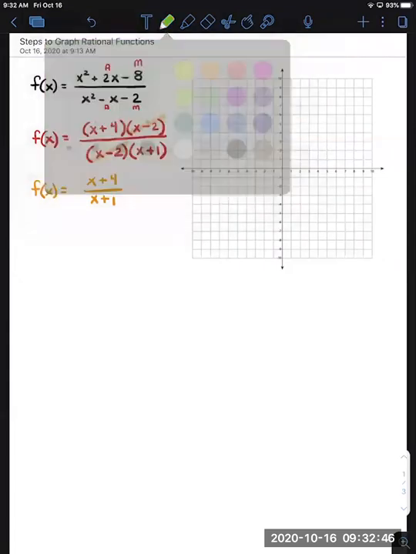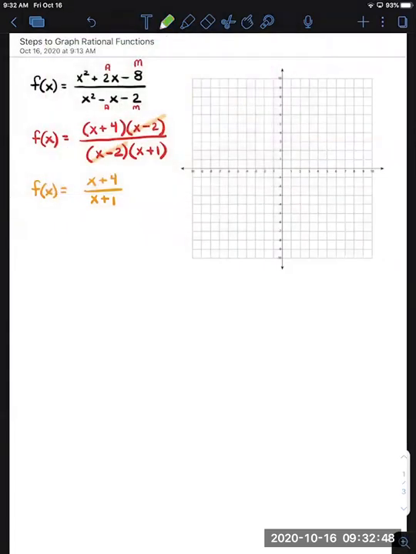Step number 3 is to find the vertical asymptotes. So we are going to set the bottom of our simplified equation equal to 0. So we have x plus 1 equal to 0.